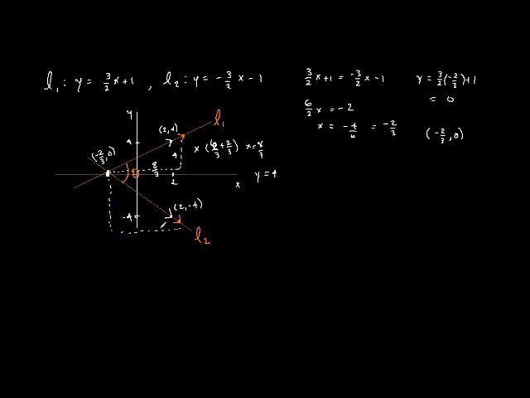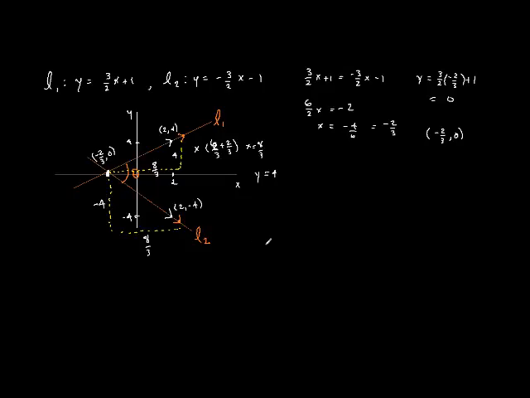Similarly over here, the x component will be 2 minus minus 2 over 3. That's, once more, going to give me 8 over 3. And the vertical component is minus 4 minus 0, and that's minus 4.